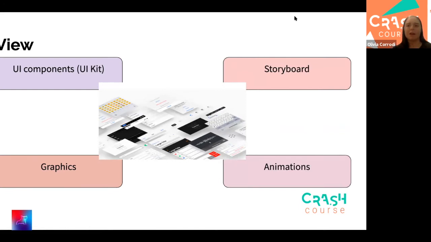Then you also have the storyboard, which is where a lot of your UI is going to be. It's a very graphical interface, so you can drag and drop components and do a lot without even having to touch a line of code, which is cool. And then you also have graphics and animation, which are more things you can do on the view side, the opposite of the data.